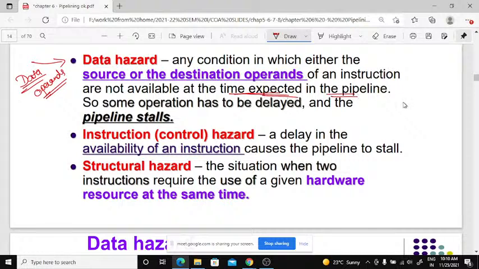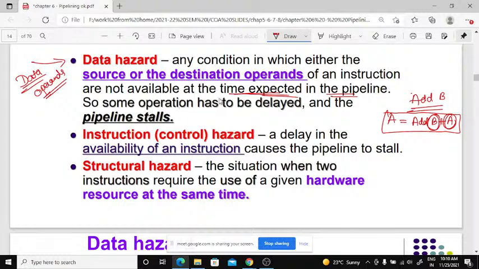For example, A add B. Suppose this is the 8085 instruction ADD B. What happens here? It adds the content of B plus the content of the A register and stores the result in the A register. While fetching the data, if the content of A or content of B is not available, then some delay will occur.